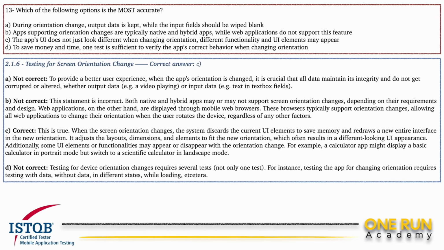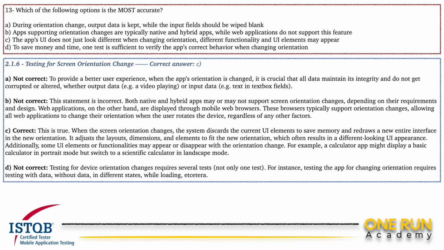On the other hand, some native apps like Instagram's main feed lock the orientation to portrait mode only. Meanwhile, web applications are displayed through mobile browsers, which generally support orientation changes by default. So, when a user rotates the device, web apps can automatically adjust their layout to fit the new orientation, regardless of app type.